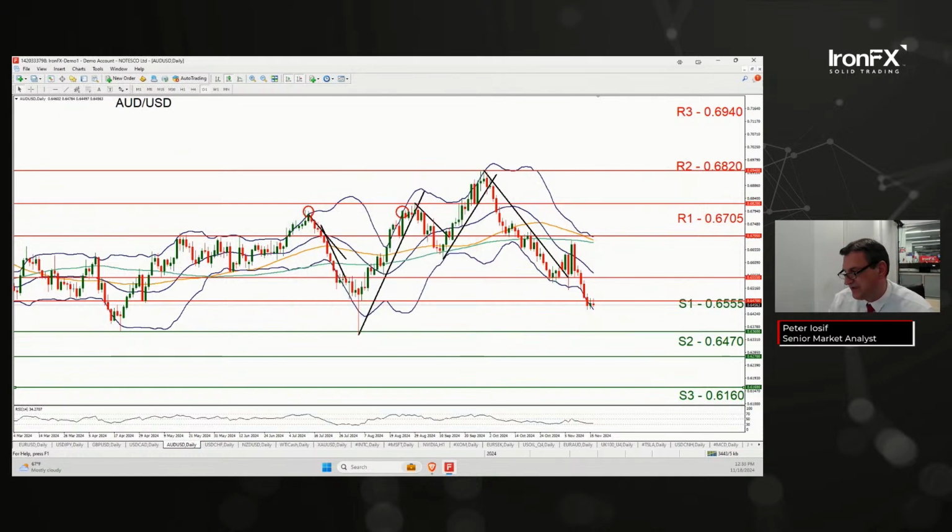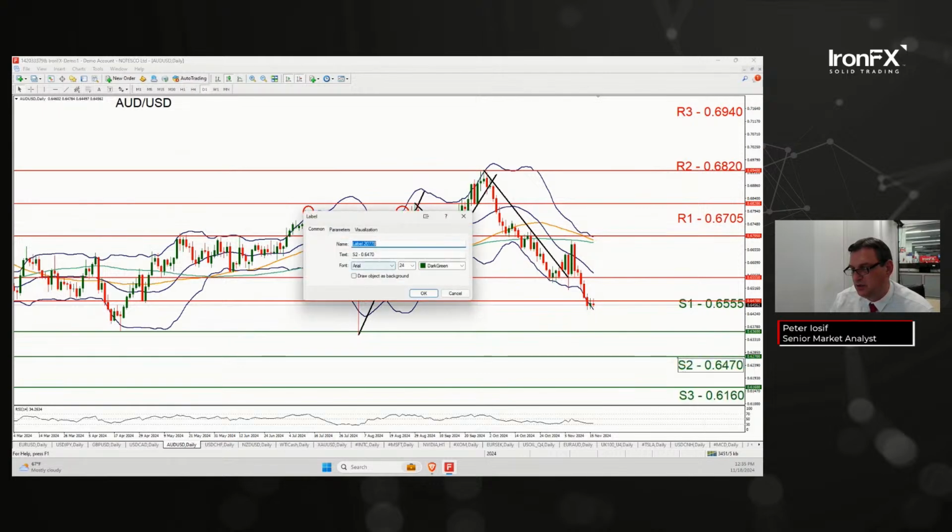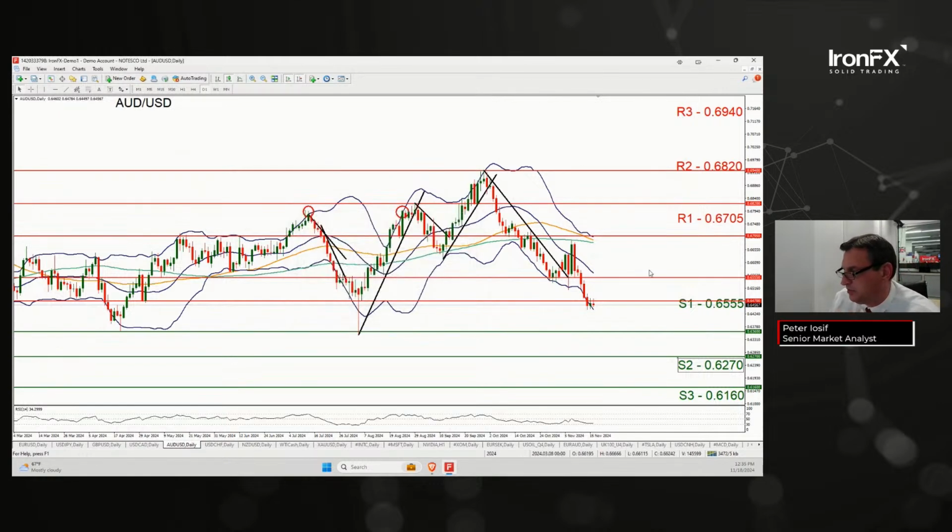And I would expect the bank to maintain, if not a hawkish tone, at least express a certainty or some confidence, some determination that it would be prepared to keep rates high for a longer period in order to curb inflationary pressures. And if that's the case, we may see the Aussie getting some support here.